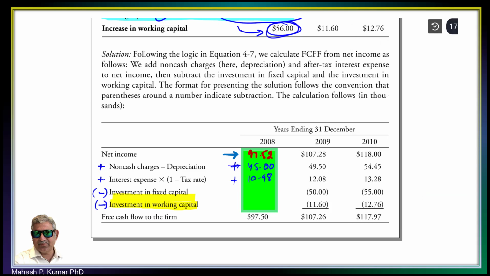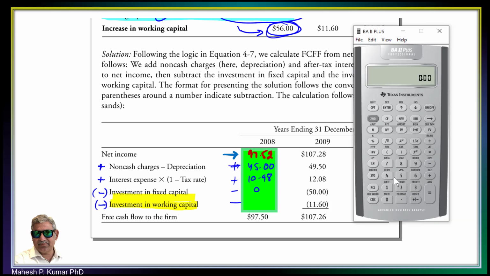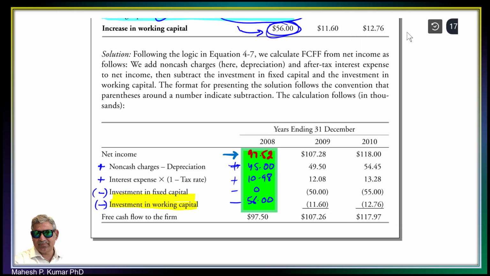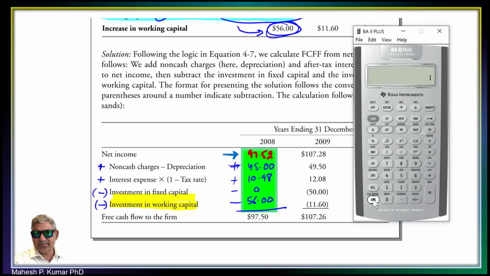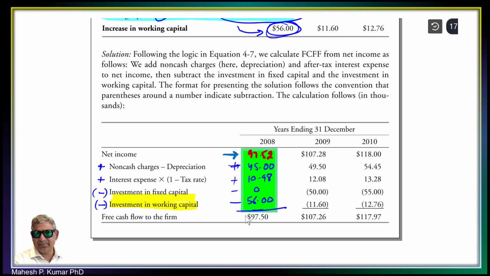Investment in fixed capital was 0, that is minus 0. Then investment in working capital was 56, and that would be minus here. Let us do these numbers now: recall 1 plus recall 2 plus recall 3 minus recall 4 minus recall 5, which gives us 97.50, and this number is also given here. So this is free cash flow to the firm, computed from net income.